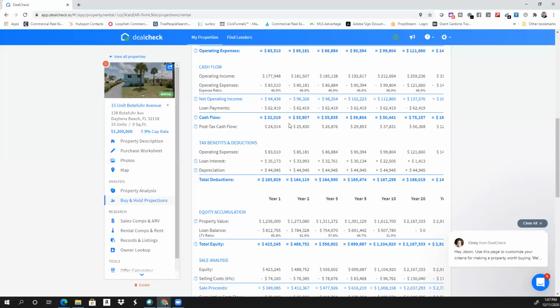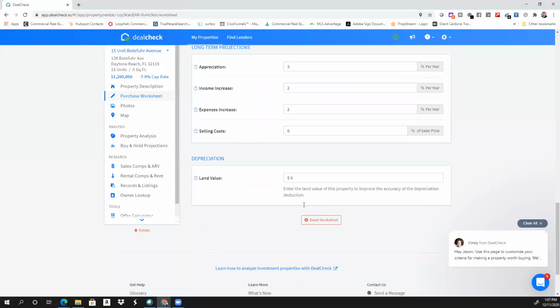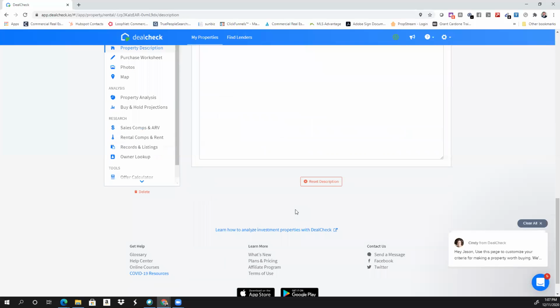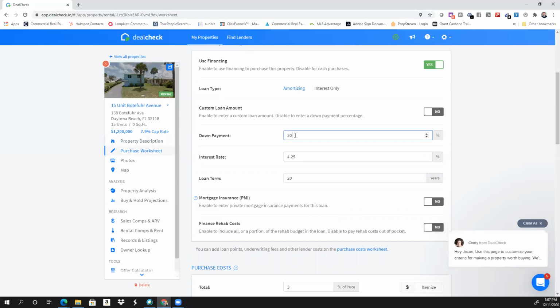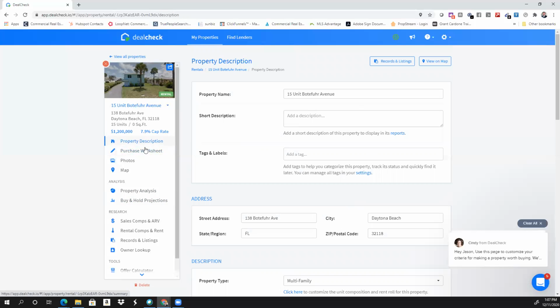I changed the loan in here to a little bit lower LTV. Where was it? Right here. So I think I had a 25. If you can get some good leverage, even a 25, that's going to change the cash on cash.